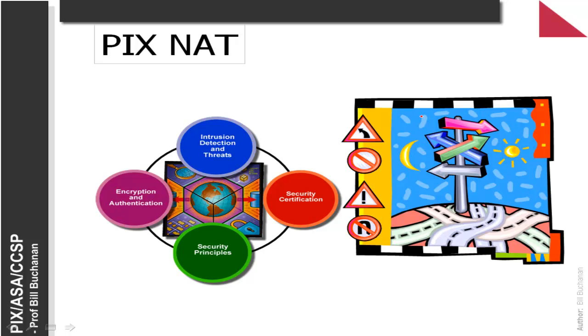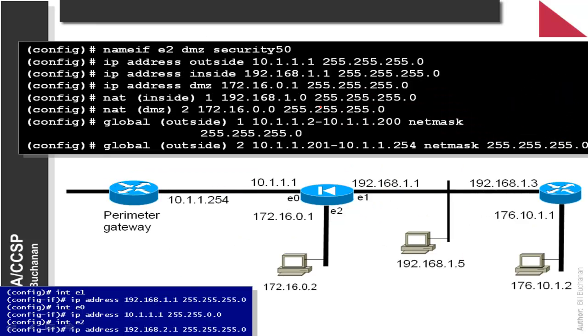The device itself normally works on network address translation, and here we see an example. So we're setting the name here to be DMZ. Next we define this port address. After this we define the inside address and then the DMZ port address.